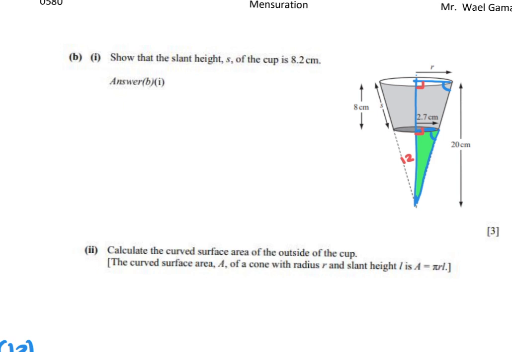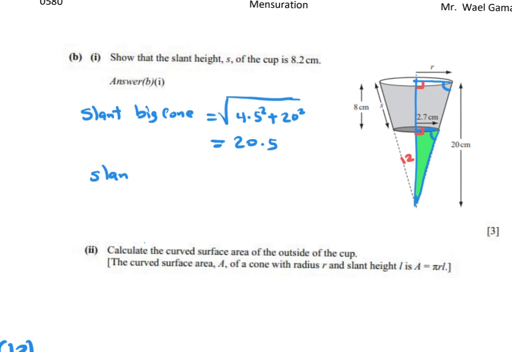So for the big cone, the slant height equals square root of 4.5 square plus 20 square, because we have a right angle triangle, this 20 and this 4.5, so we can find the slant height of the big cone using Pythagoras theorem. The answer equals 20.5.